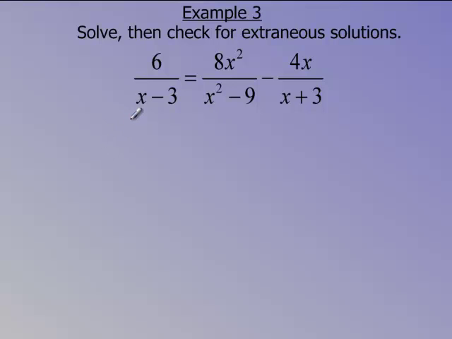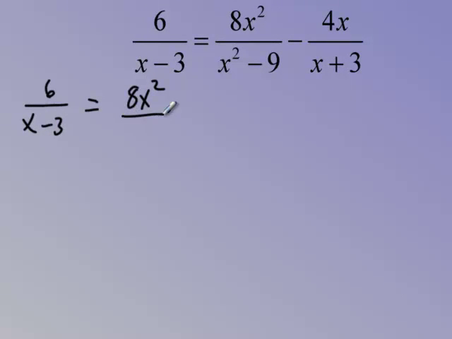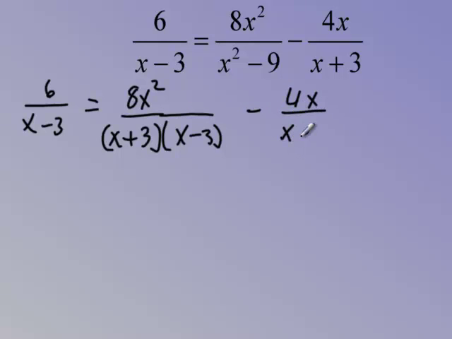Okay, so first I can tell that I'm probably going to need to factor. So I'm going to rewrite what I have here. 8x squared over, and then this is a difference of squares, so I have x plus 3 times x minus 3, minus 4x over x plus 3, and looks like my common denominator in this case is going to be x plus 3 times x minus 3.